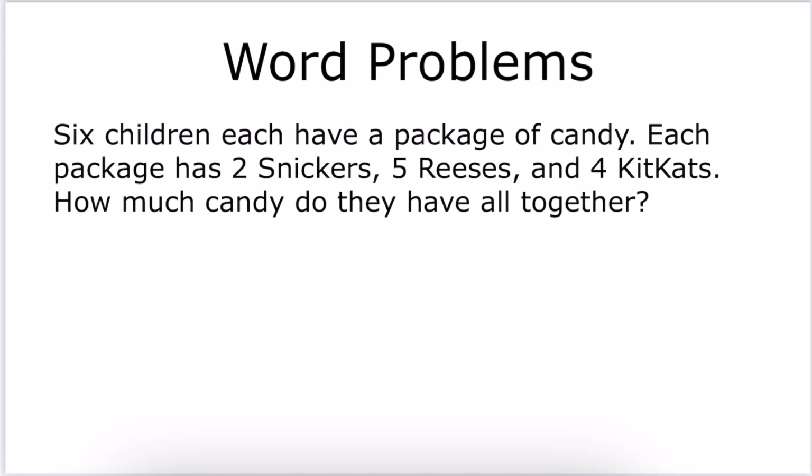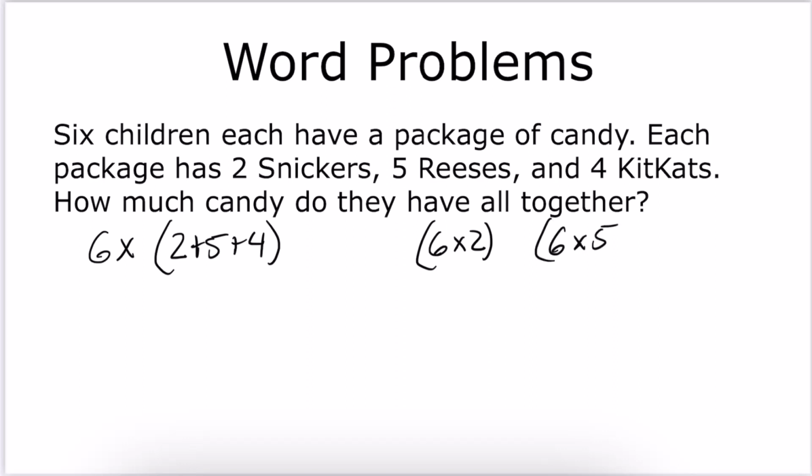You could add together all the candy, so you could do 2 plus 5 plus 4, add those all together, and then multiply that by 6. Or the other way you could also do it is you could multiply each specific candy. So you could do 6 times 2 to figure out the number of Snickers, 6 times 5 to find the number of Reese's, and 6 times 4 to find the number of Kit Kats, and then you could add them all together.